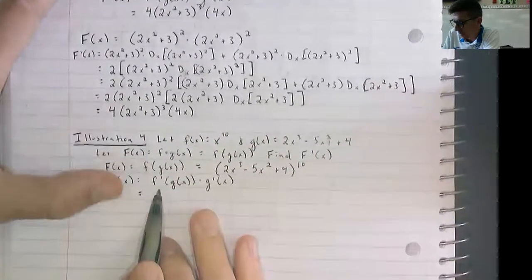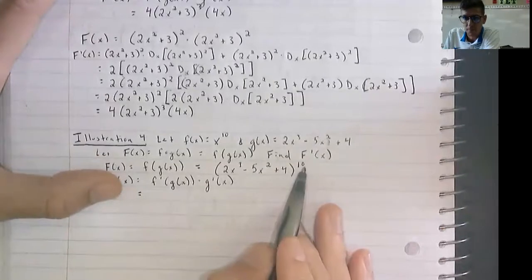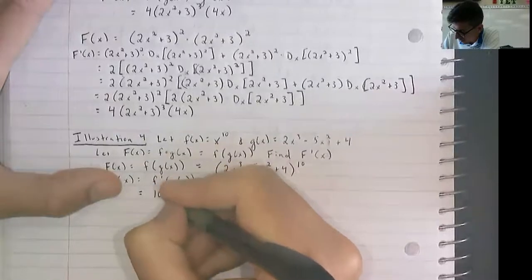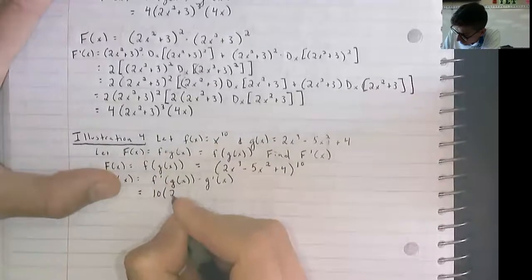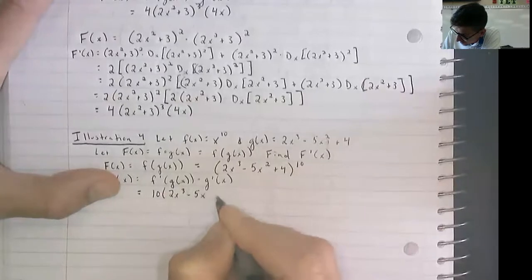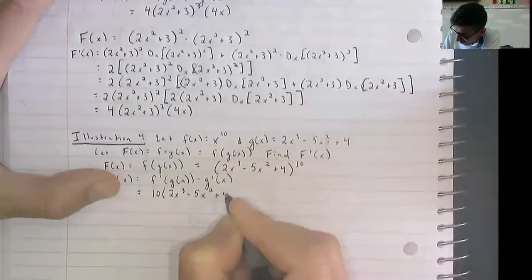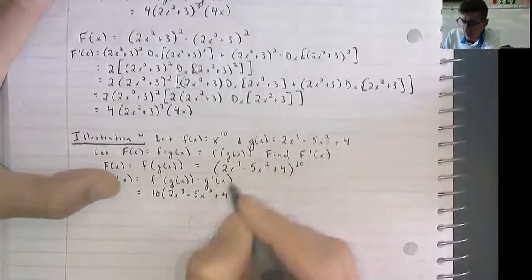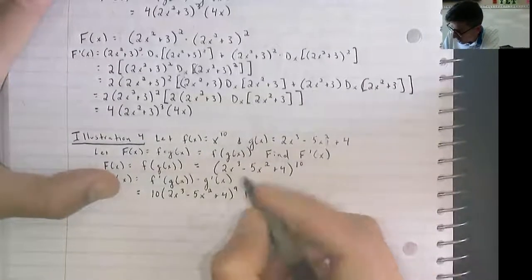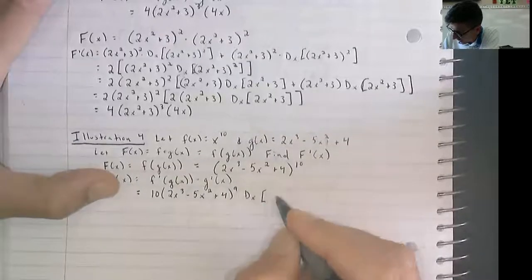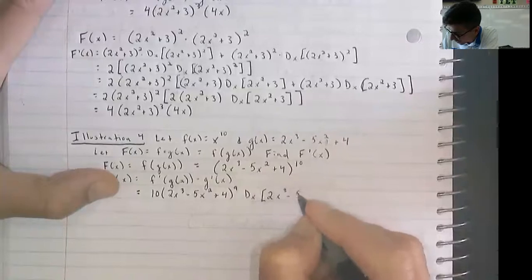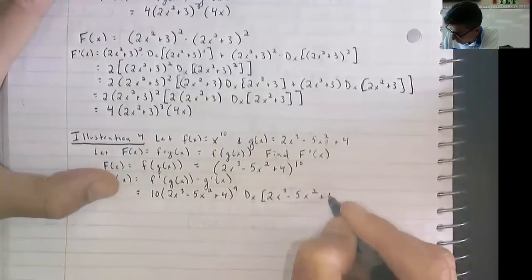So the derivative of the outer guy is power rule, x to the 10th. Drop that down, that becomes a 10 in front. You've still got 2x cubed minus 5x squared plus 4. We drop the 10 down, we subtract 1, that's a 9th now, times the derivative of g, which is d/dx of 2x cubed minus 5x squared plus 4.